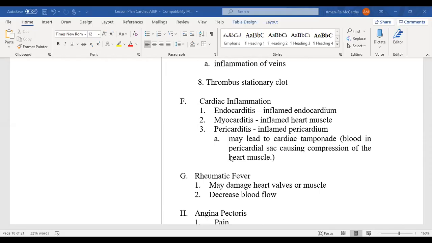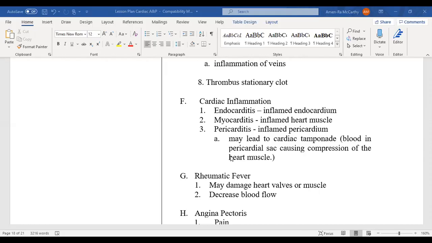The heart sits in a sac called the pericardium. Okay, so if that pericardium becomes inflamed, what is that called? Simply being inflamed is what? Pericarditis. Itis means inflammation.